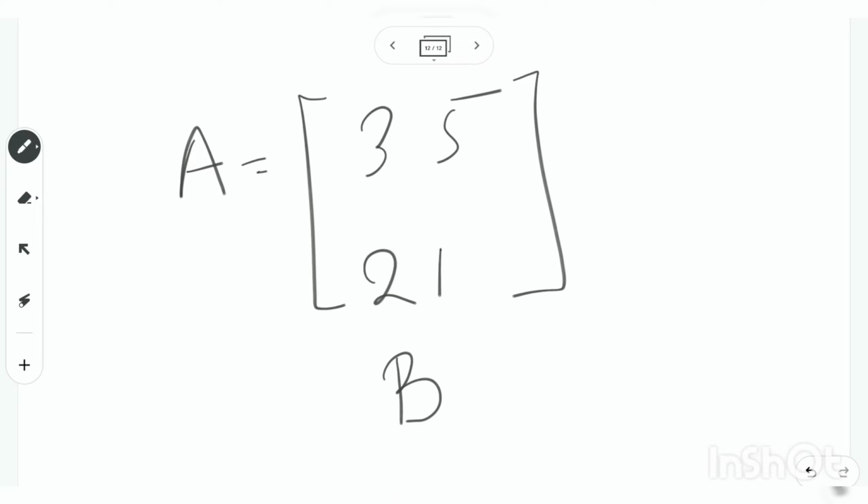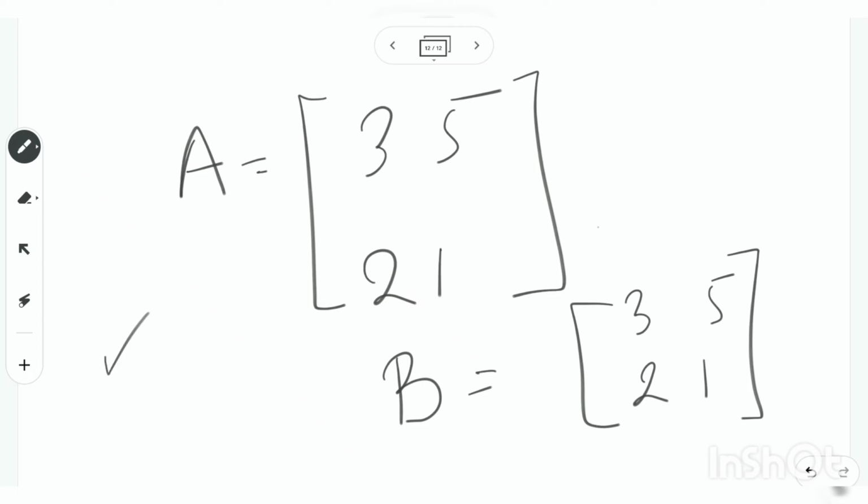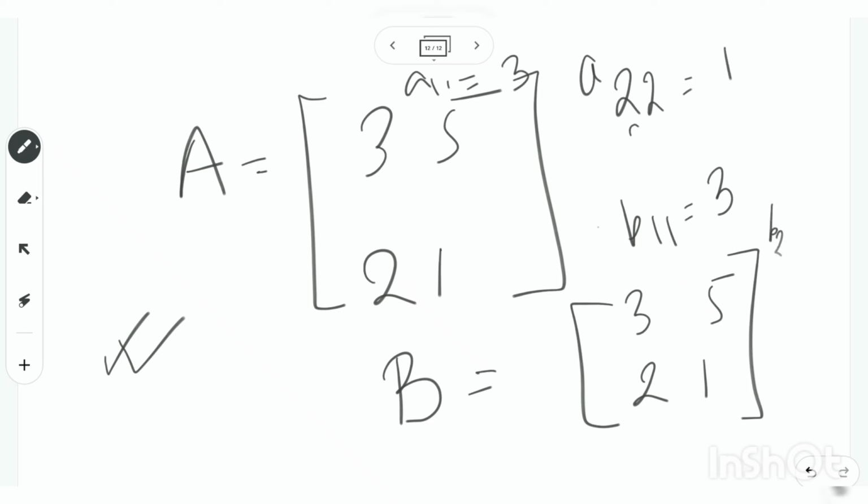So the matrices are equal if B equals 3 5 2 1. Why? Because A and B are of the same order. And number 2, see here A11 is 3, and here B11 is also 3, and similarly A22 is 1 and B22 is also 1. So this is equality of matrix.